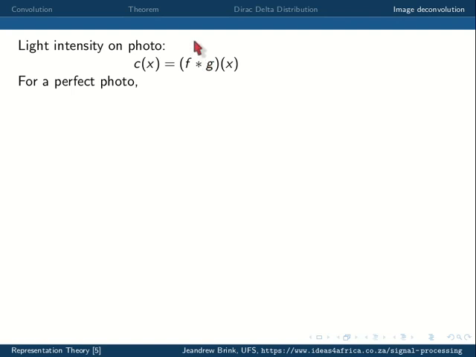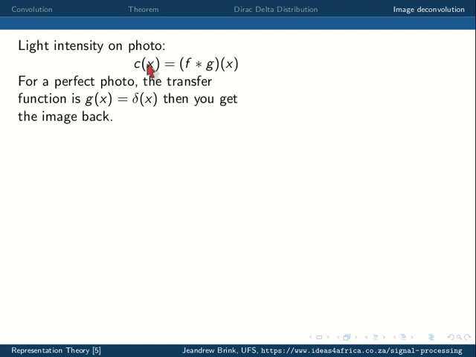What function, if you stick it in there, will give you f back? The Dirac delta function. If your transfer function is simply the Dirac delta function, then you're going to get your original photo or original image back, simply since the convolution of f with the Dirac delta function is the function itself.